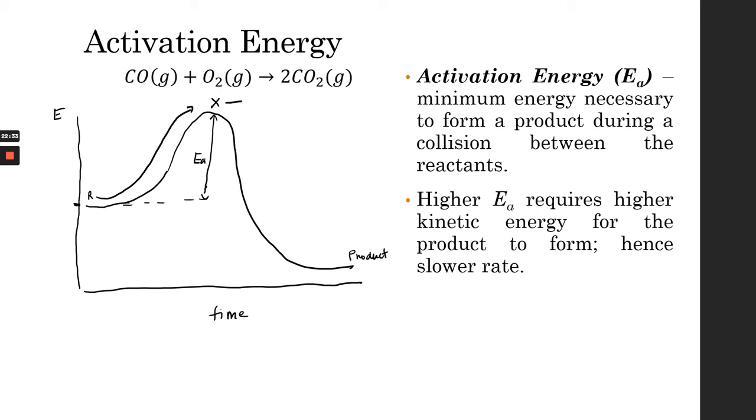But at this state, you have what is called the activated complex. So what is the activated complex? This is kind of like a transition state of the molecules. So if we go from our example, at this state, the shape of your product is something like this.